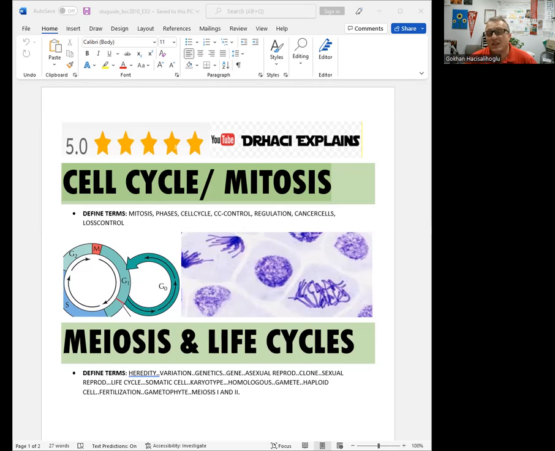The best way to study the cell cycle, mitosis, and meiosis is to look at the chromosomes under the microscope in an animal cell or plant cell, it doesn't matter. In G1, S, G2, we just see a cloudy region, which tells us that this is interphase. The chromosomes don't show.